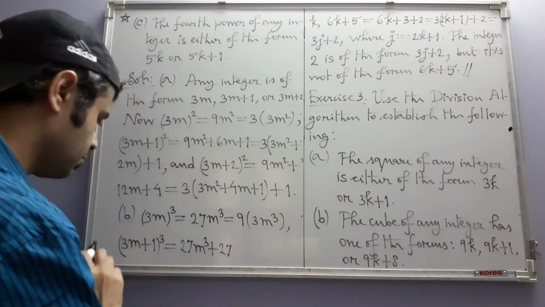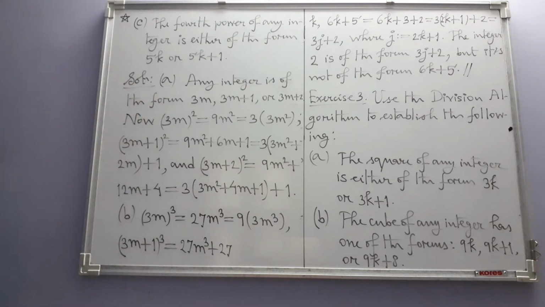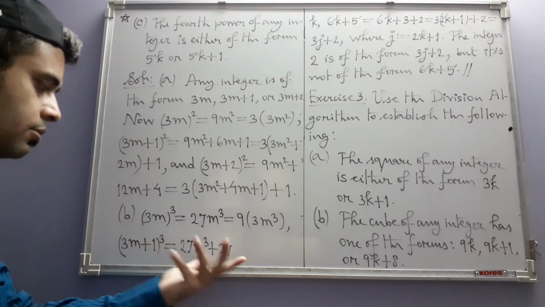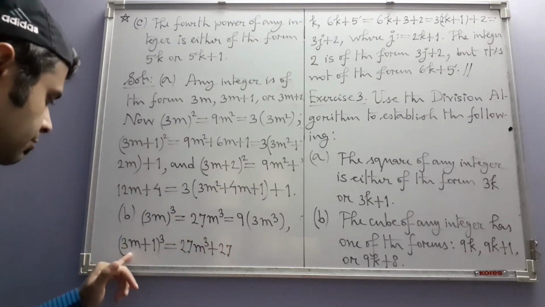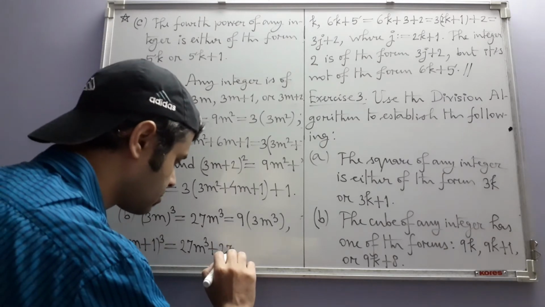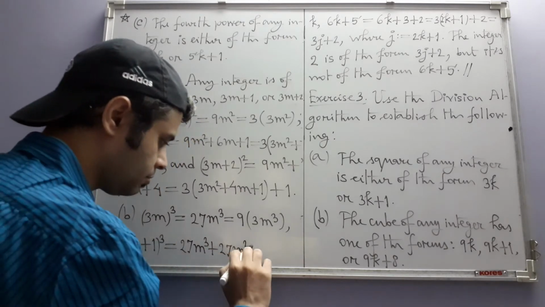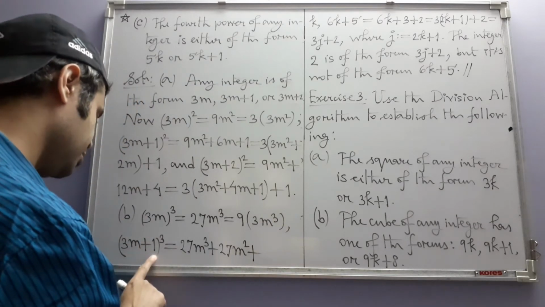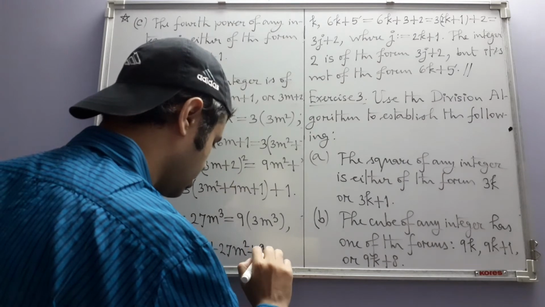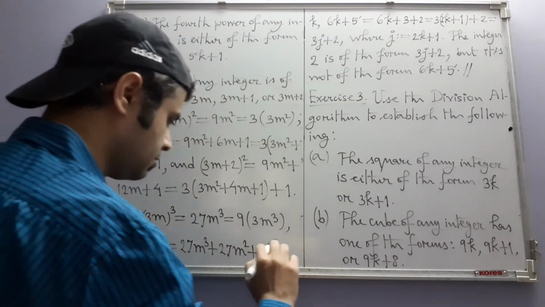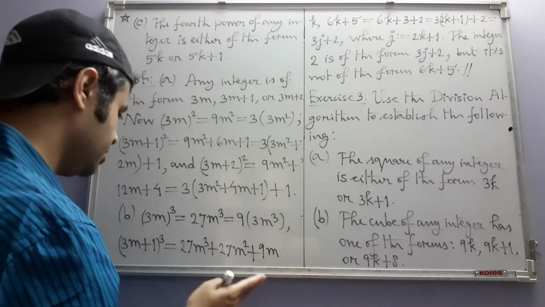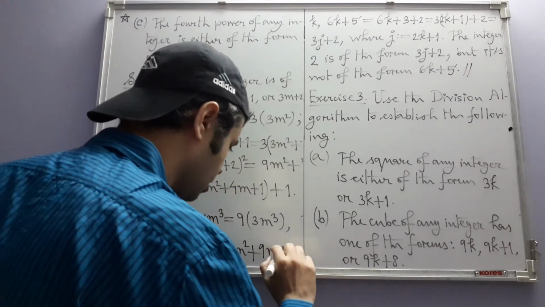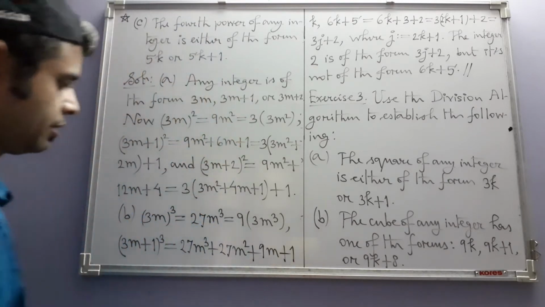So because of 3 I am getting 1 3, and because of squaring this I am getting 3 squares, so that gives me 27m square plus 3ab square, 9m plus b cube is 1.